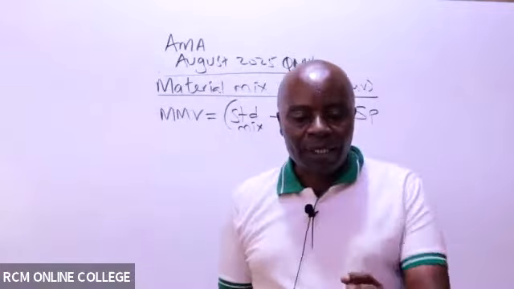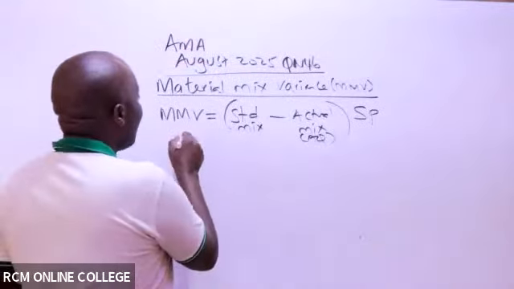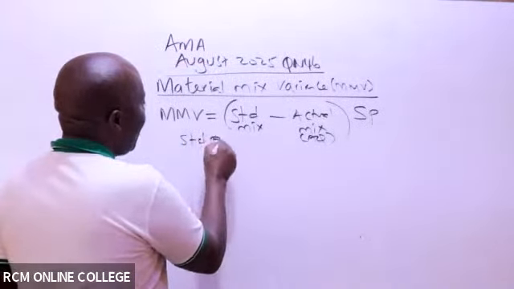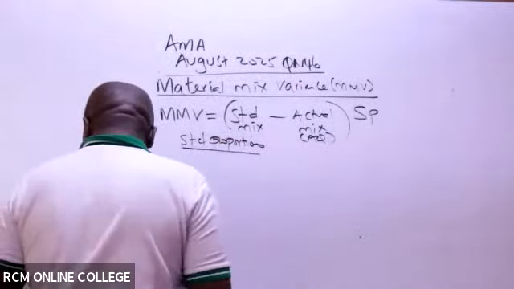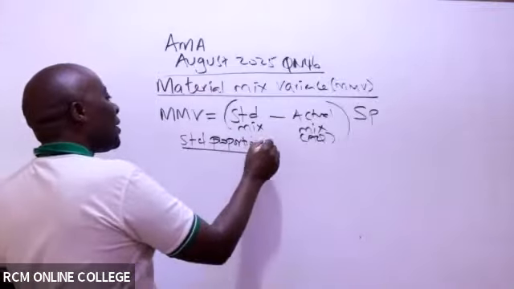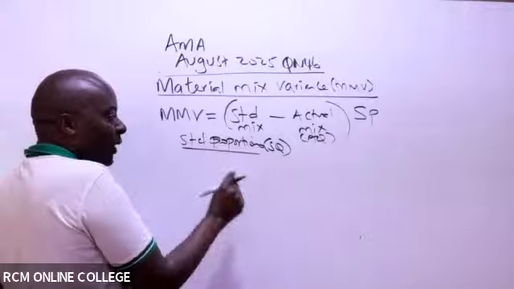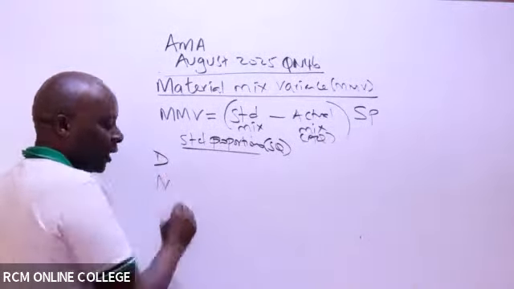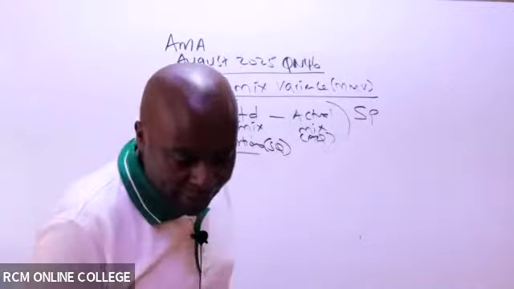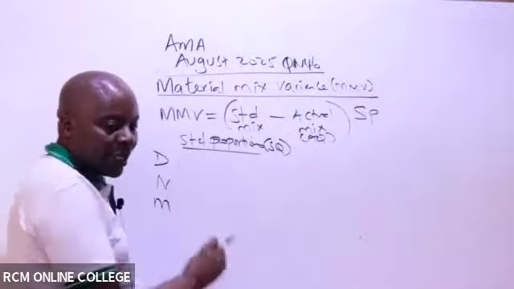So the very first thing that you need to do, ladies and gentlemen, is to give us the standard proportions. These shall always be obtained from the standard quantities or budget quantities. So we have 3 types of materials, D, N, versus M. Is there somebody who is able to see the standard quantities?